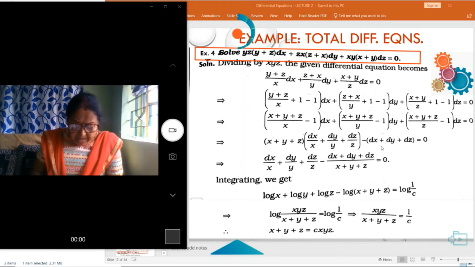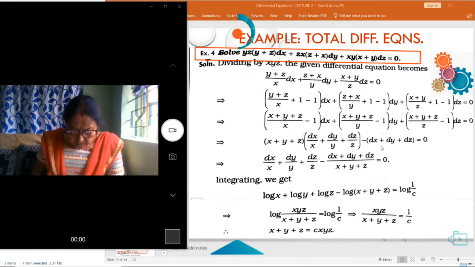If I add 1, then after addition in the numerator we will get x plus y plus z. Here also if I add 1 in place of dy, it also becomes x plus y plus z and so on.